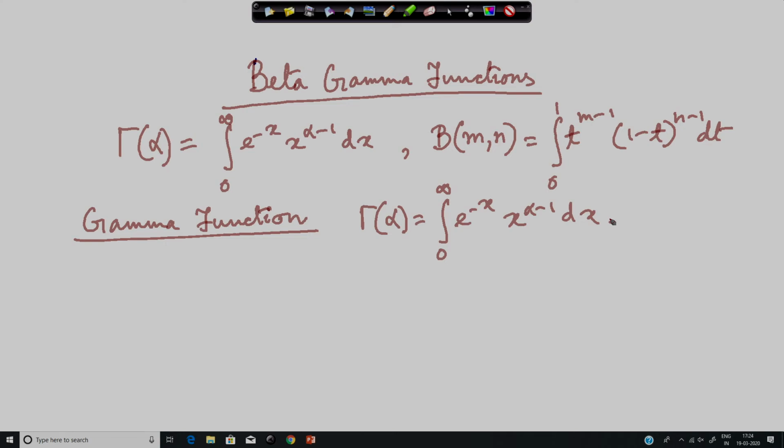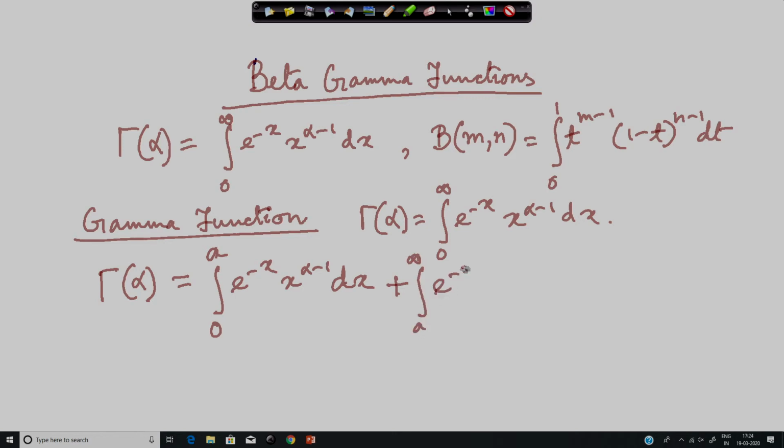Thus, to discuss the convergence of the gamma function, let me break the interval of the integration, that is, let me write integral 0 to a e to the power minus x, x to the power alpha minus 1 dx, plus integral a to infinity e to the power minus x, x to the power alpha minus 1 dx.